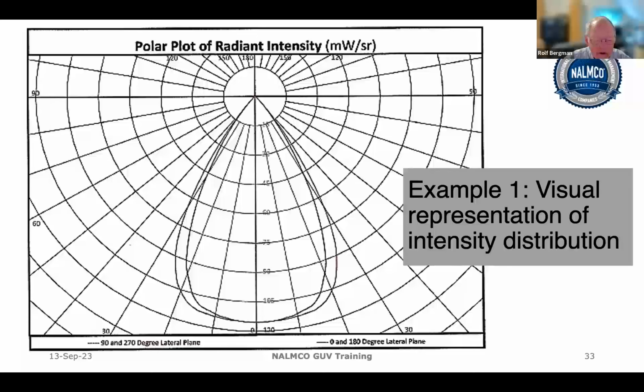So we have an intensity value somewhere around 115, but as we go along with angle, we find that it falls off rather rapidly. And by the time we get to 30 degrees in both directions, we are down to less than half of the amount.